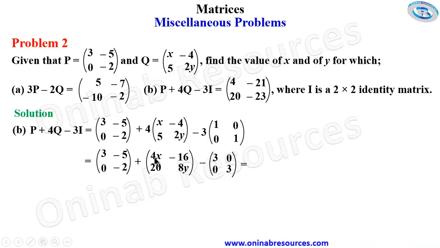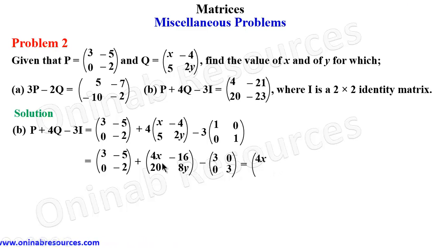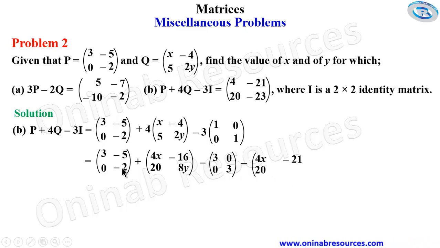So 3 plus 4x minus 3 will give us 4x, and minus 5 plus negative 16 minus 0 will give us negative 21. Here is 0 plus 20 minus 0, that will give us 20. Negative 2 plus 8y minus 3, that will give us 8y minus 5.